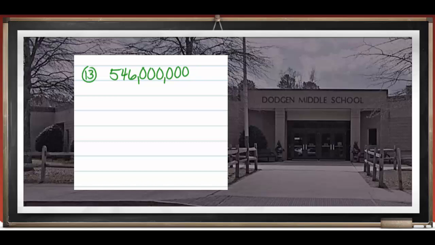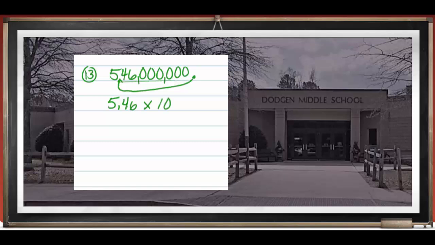Now, in order for us to write it in scientific notation, we need to move the decimal from the end here all the way down so that we end up with a leading term that is between 1 and 9. And so I'm going to put the decimal right after the 5, which gives me 5.46. And 5.46 is a value between 1 and 9 times 10.